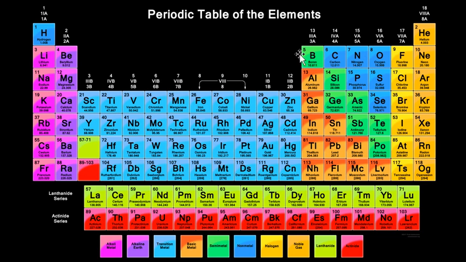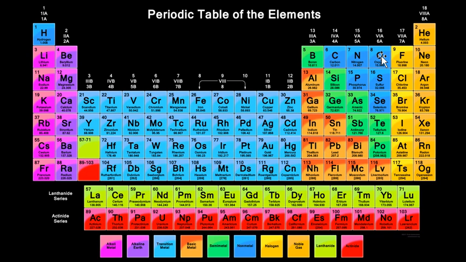ns2 np1-6 means this boron family has np1. It is present in the second period, so its configuration will be 1s2, 2s2 and 2p1, and the carbon family will have 2p2. Nitrogen family will have 2p3.